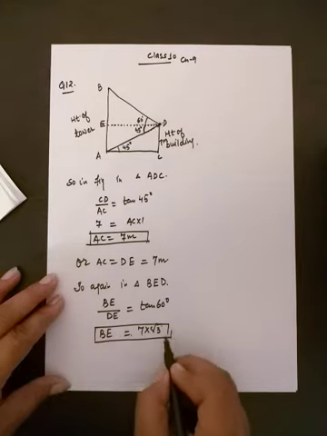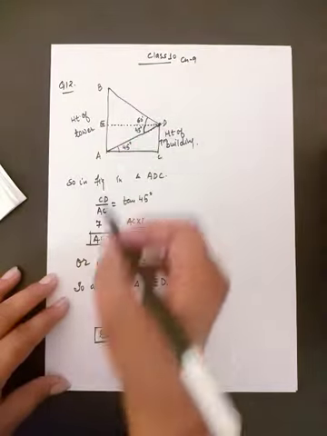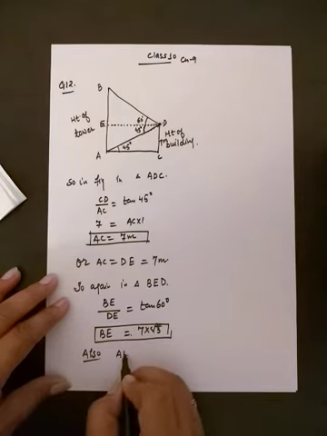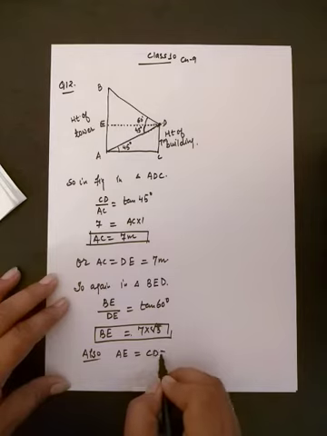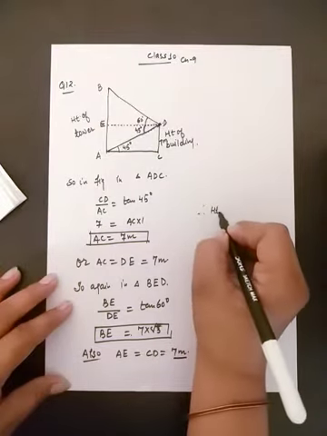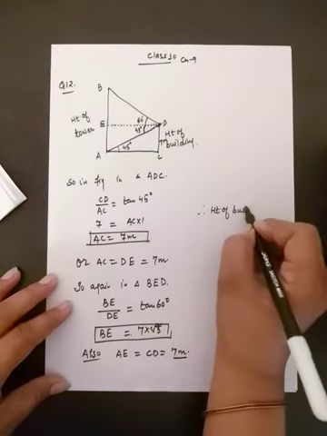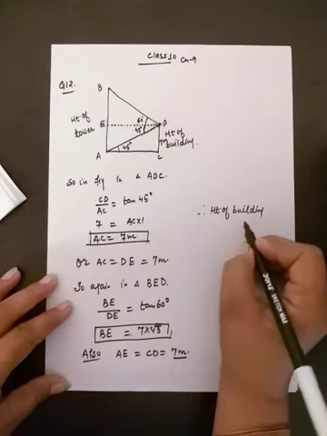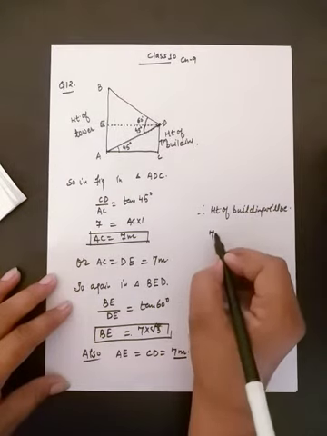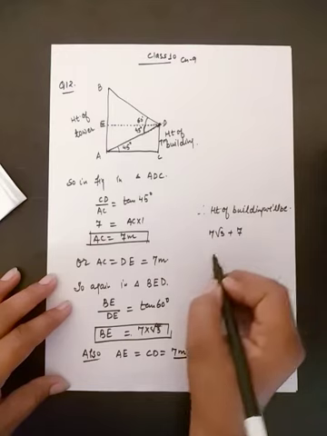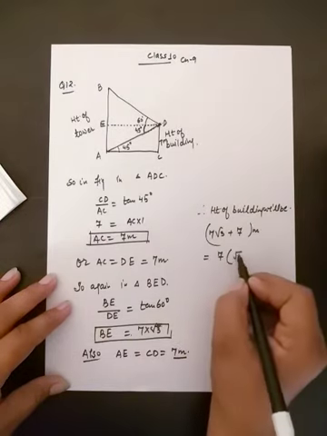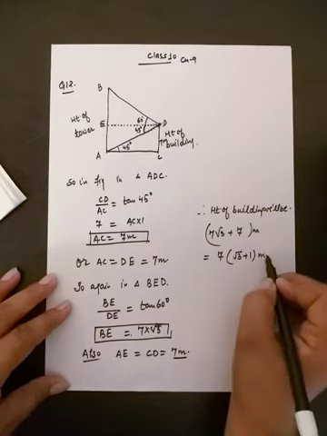Now this is the value of BE and we have to find height of tower. Also AE is equal to CD and this is equal to 7 meter. So therefore height of tower will be 7 root 3 plus 7 meter, or we can say 7 into under root 3 plus 1 meter.